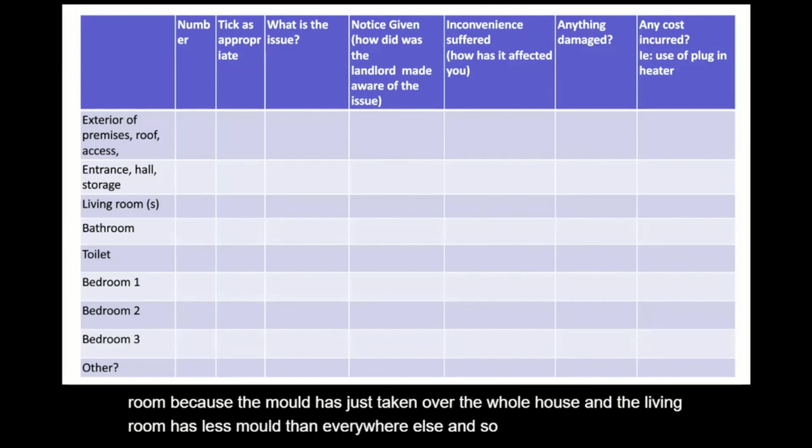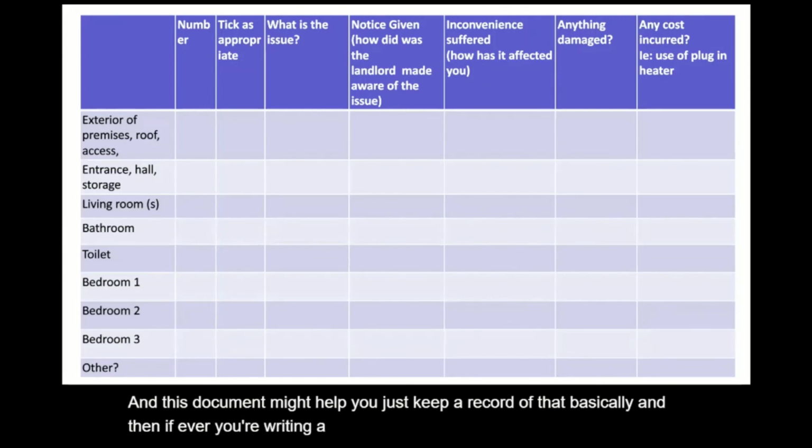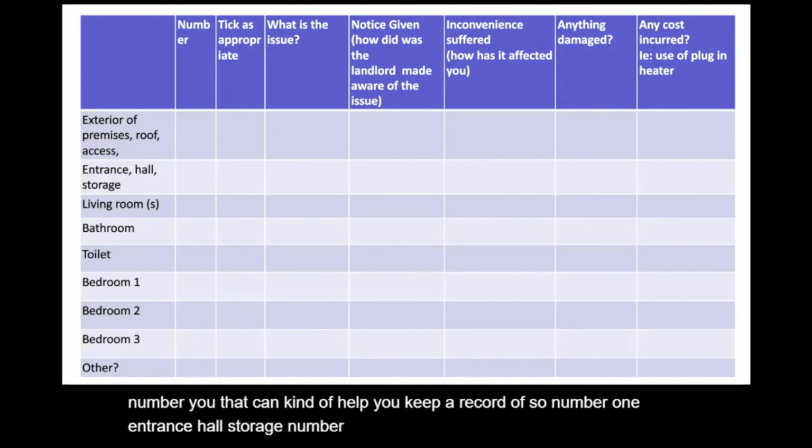So this document might help you keep a record of that. And if you're ever writing a letter, the section that says number can help you keep a record of, like, number 1, entrance hall, storage, number 2, toilet, number 3, bedroom 3, and they're the rooms that are affected.